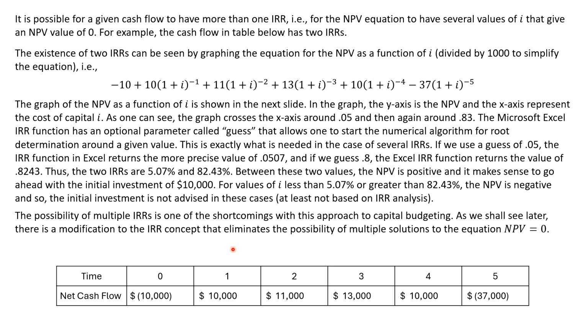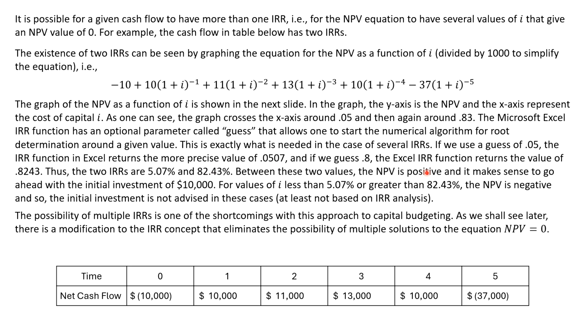As I just mentioned, it's possible to have two IRR values for a given NPV equation. And I have an example of that here. This table is the cash flow for a particular investment of $10,000. Then you have these cash flows, and then there's a negative out here. And it turns out there are two IRRs, 5.07 and 82.43%. So this number here is kind of dragging things out to a much higher percentage.